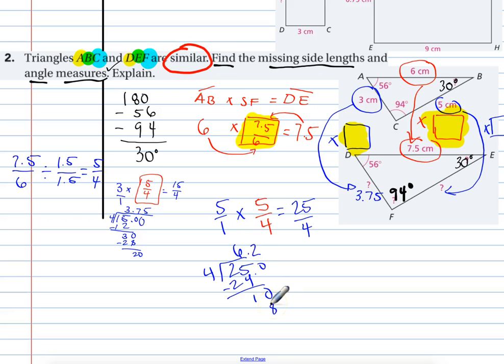Twice, 8, subtract, 20, and 5. 6.25. Okay, so there's C2. Use this to check your work, not to just copy down. It's a great way to check your work because you can always pause it and rewind it whenever you need to.